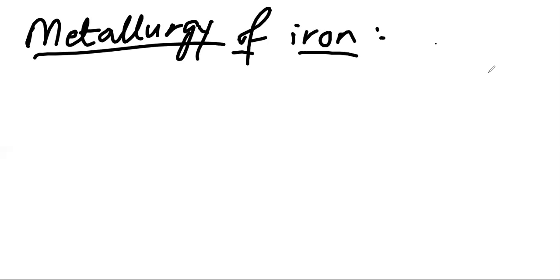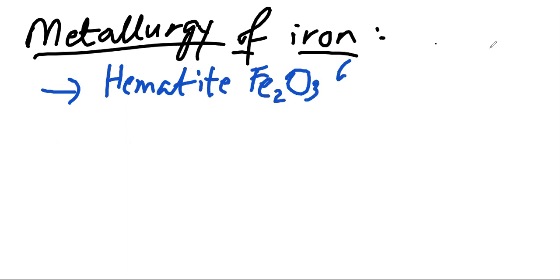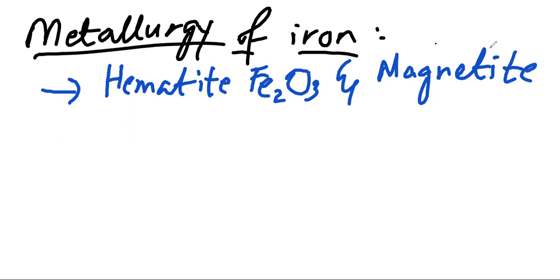Next topic is metallurgy of iron. Extraction of iron is done from the ores using a blast furnace. What kinds of ores are there? Hematite, Fe2O3, and magnetite, Fe3O4.